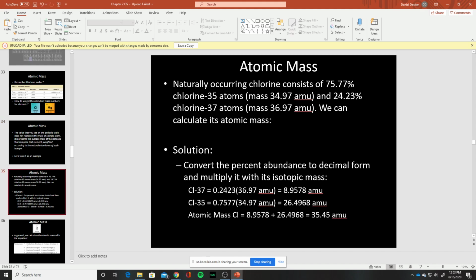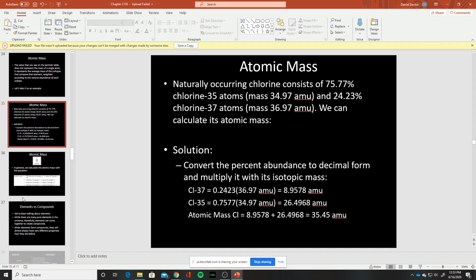So like we did here, where you take the decimal form of the percentage and multiply it by the atomic mass of that particular isotope, and then you do that for all the isotopes, and then you add those together to get the weighted average. I didn't put any of those in, but I do expect you to know what the mass from the periodic table is, and that it is a weighted average of all the isotopes.